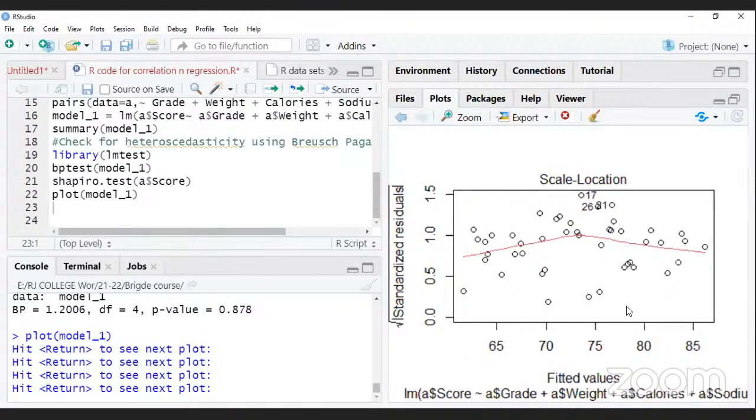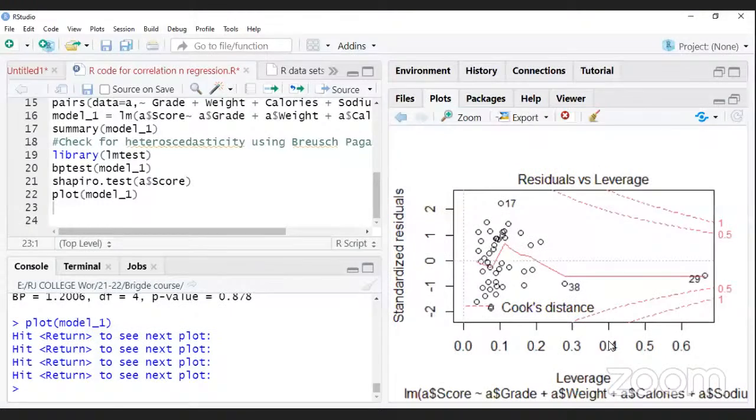This is the same type of plot, the studentized residual plot, and you can find out whether an outlier exists in your data or not. If you look at these two lines, like 1 and 0.5, you may observe whether an outlier exists or not.